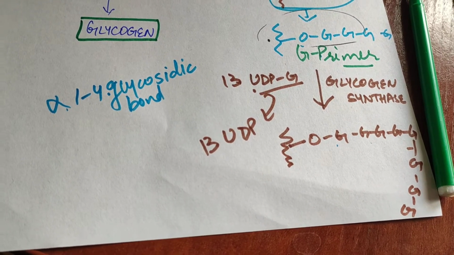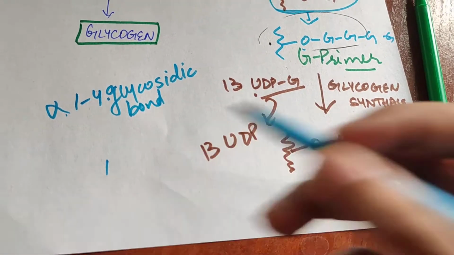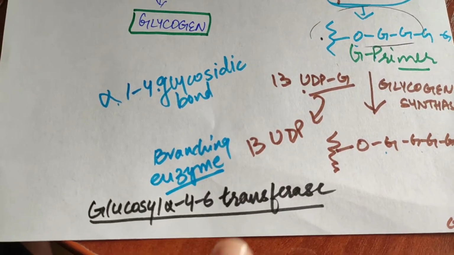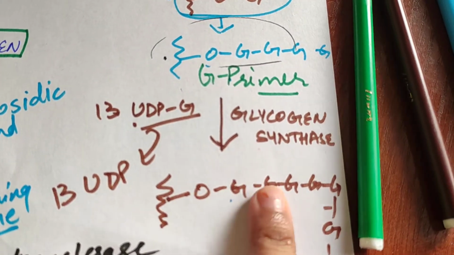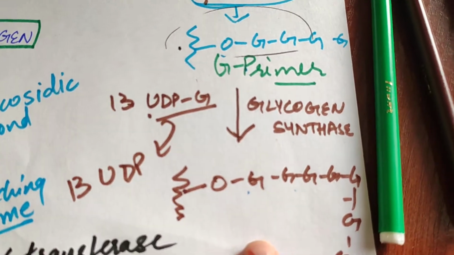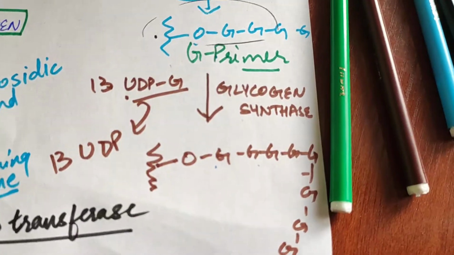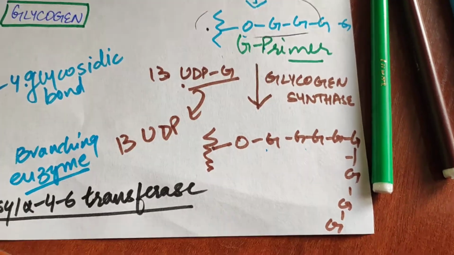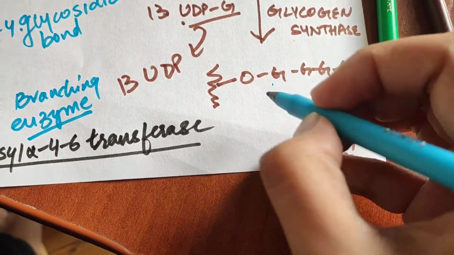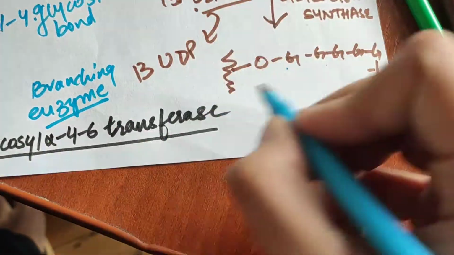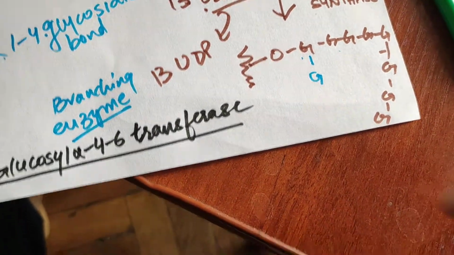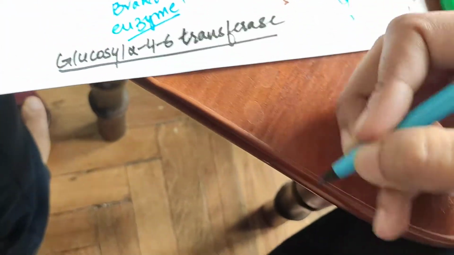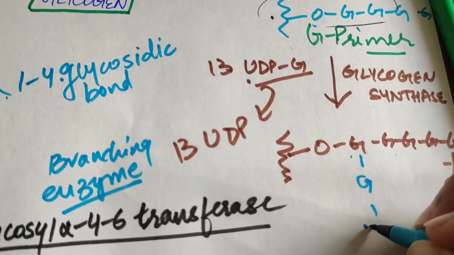So what will happen? There is a branching enzyme, that is glucosyl alpha 4,6 transferase. This is a 1,4 glycosidic bond, but you know in the glycogen molecule there is a branched chain. So when the branching occurs, here a chain of glucose will be attached like this.